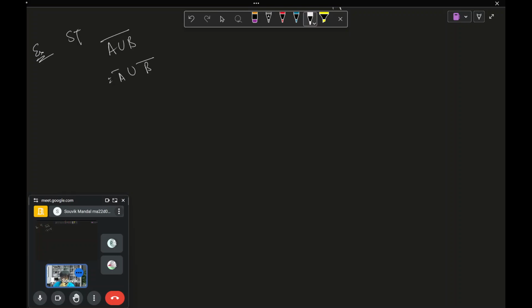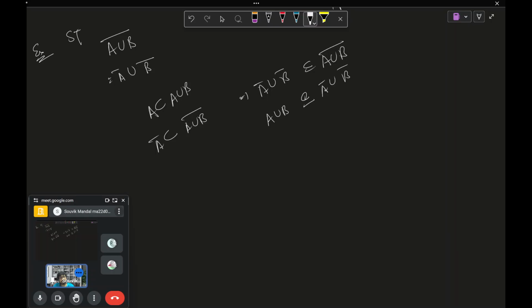Look, anyway, A is a subset of A union B, right? So A closure is a subset of the closure of A union B. So this implies A closure union B closure is a subset of the closure of A union B. Correct. This is one inclusion. Also, A union B is a subset of A closure union B closure.